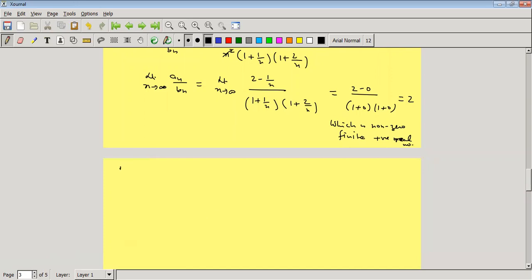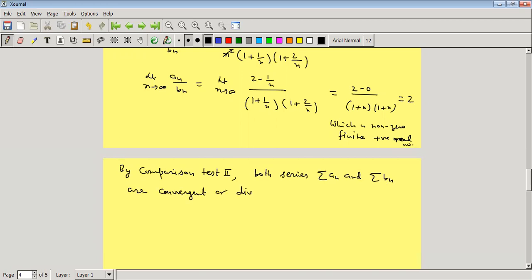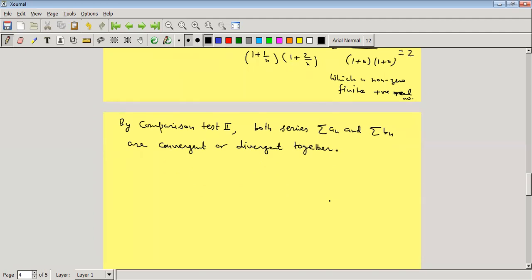So by comparison test 2, we can say both series summation An and summation Bn are convergent or divergent together. Both are either convergent or both divergent.